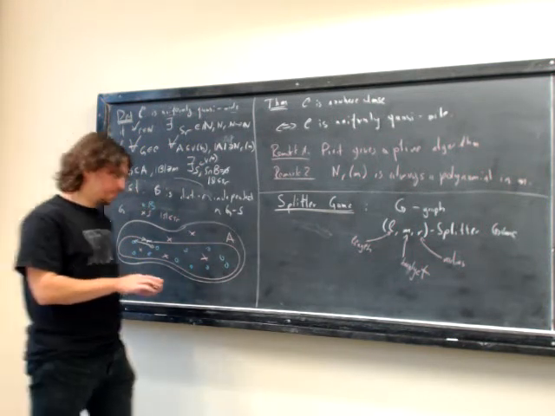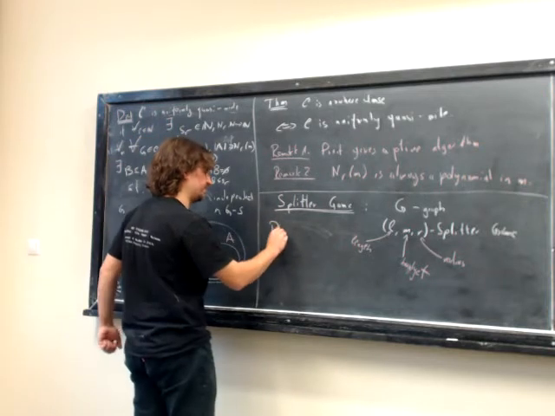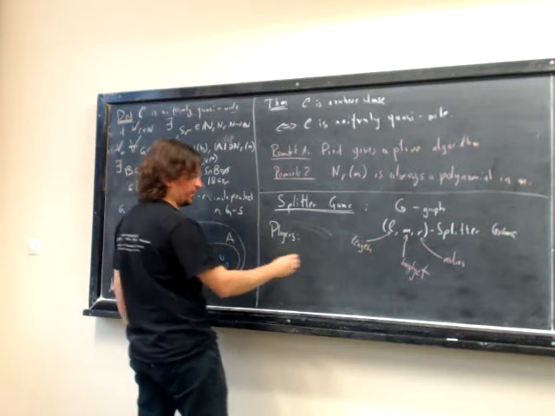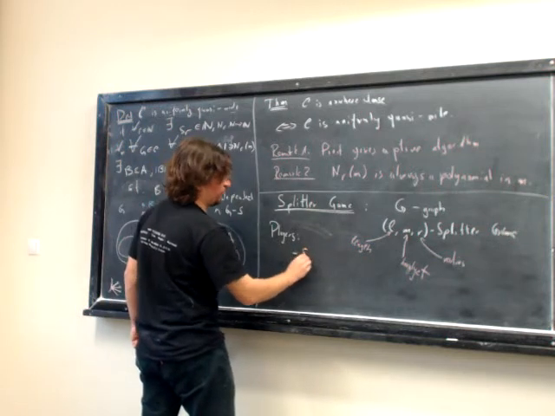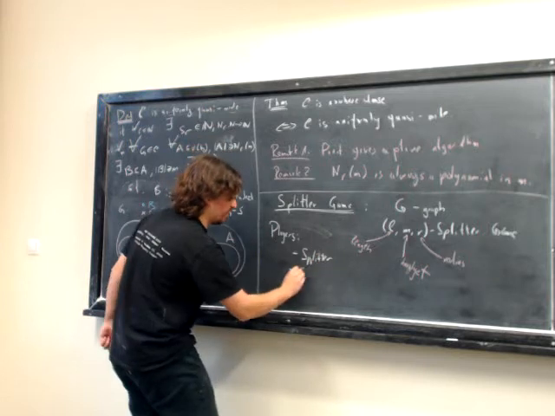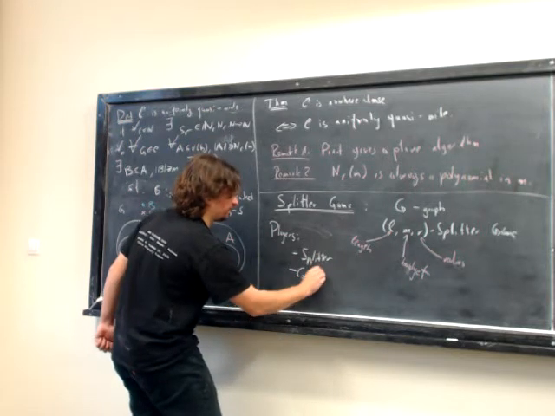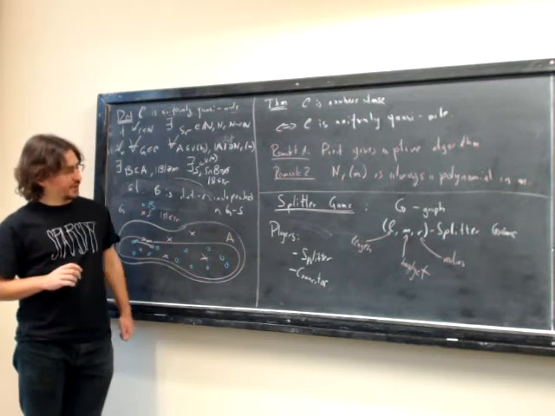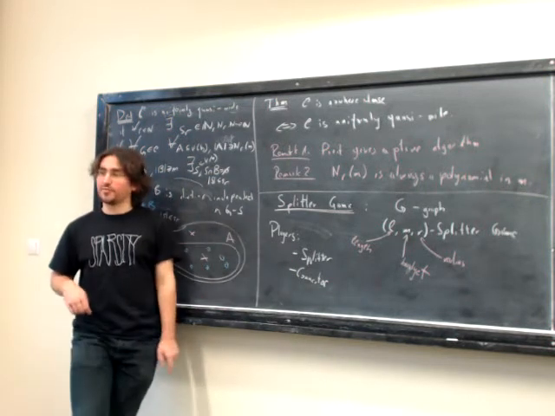Okay, so there are two players in the game. One player is the splitter, and the second player is the connector. The game starts with the whole graph.